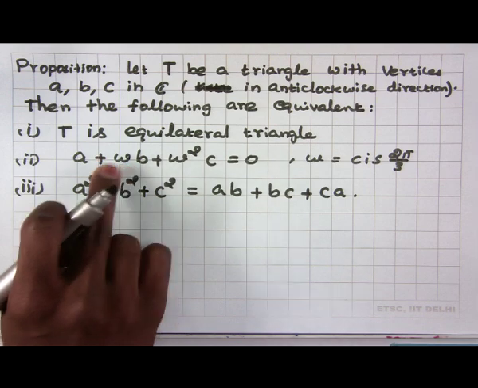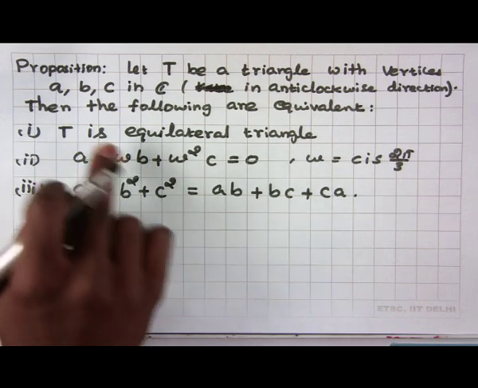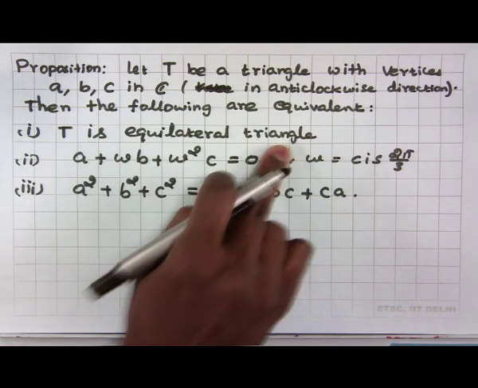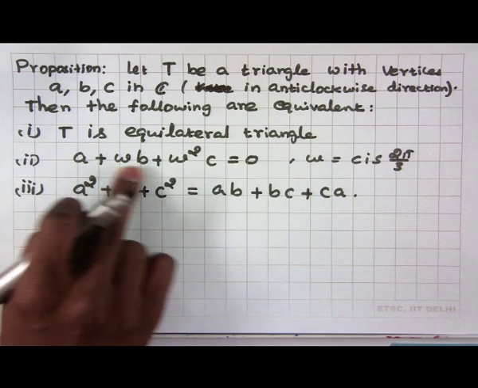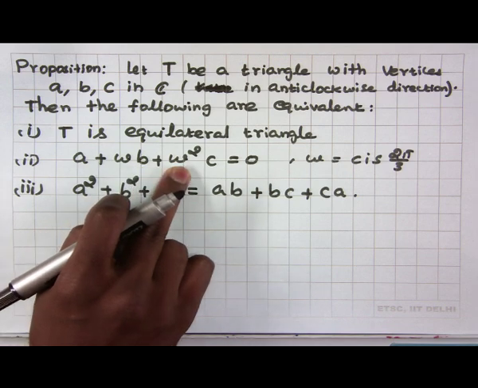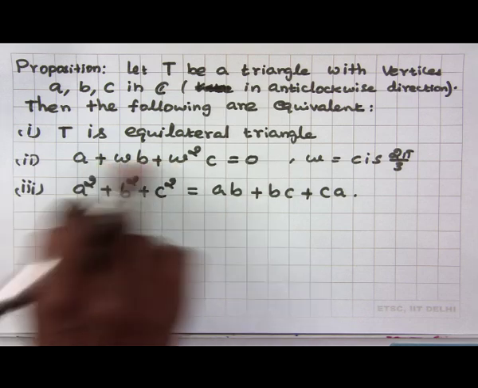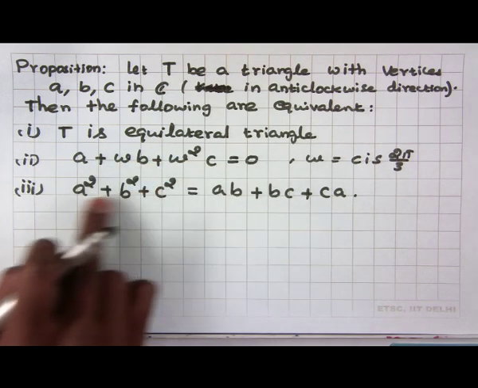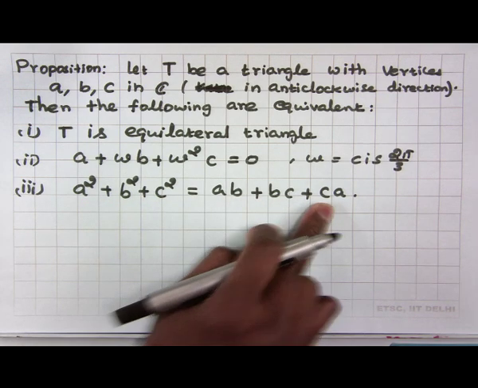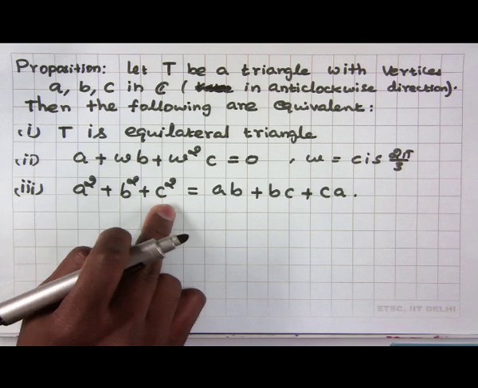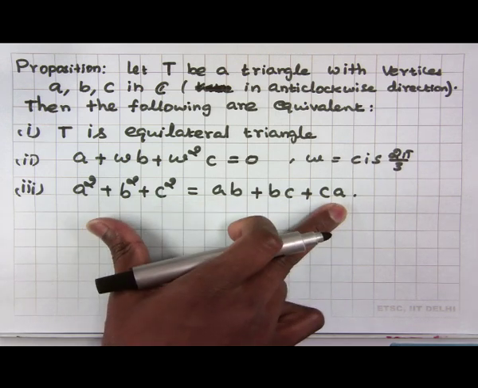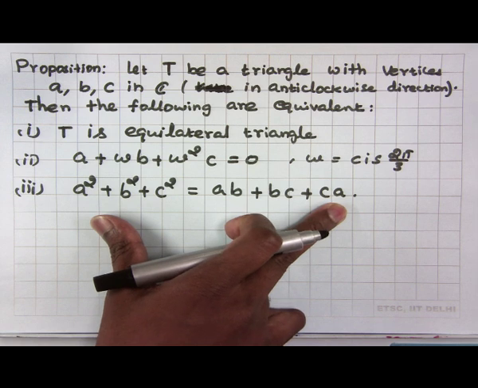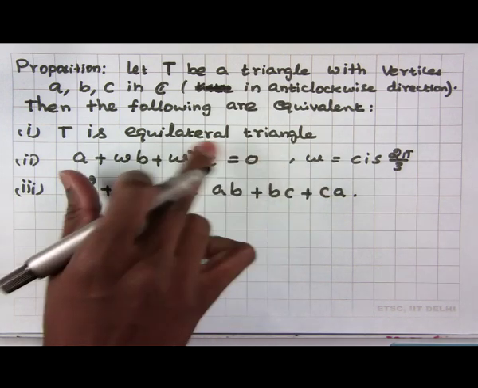Otherwise, if any one condition is satisfied, then T is an equilateral triangle. Let us read the conditions. A plus omega times B plus omega square multiplied with C, their sum is 0, and the other equation is A square plus B square plus C square equals AB plus BC plus CA. If this equation is satisfied, then we can claim that the corresponding triangle with vertices A, B, C is an equilateral triangle.